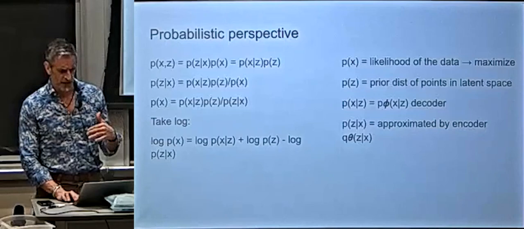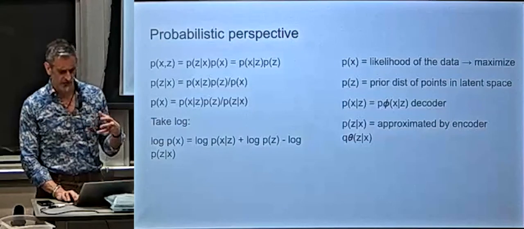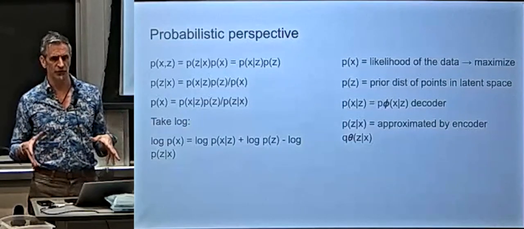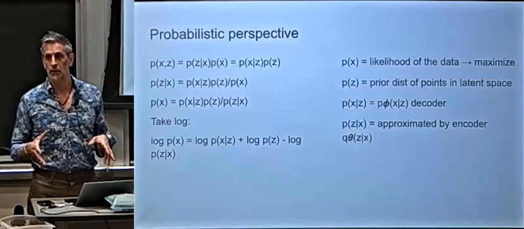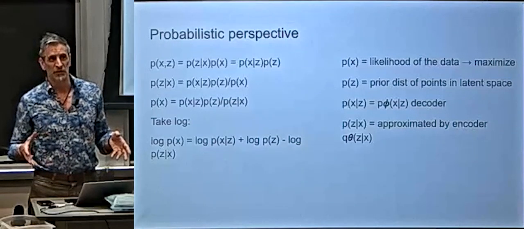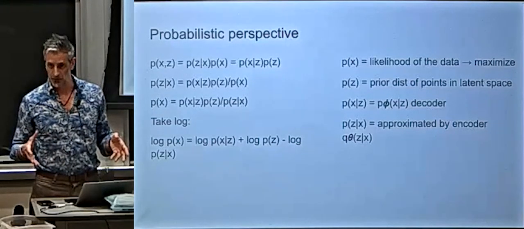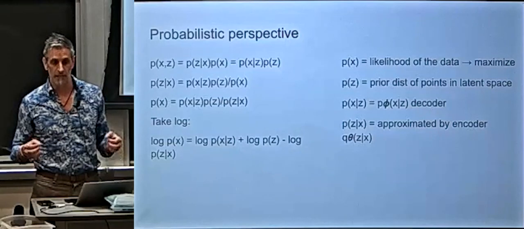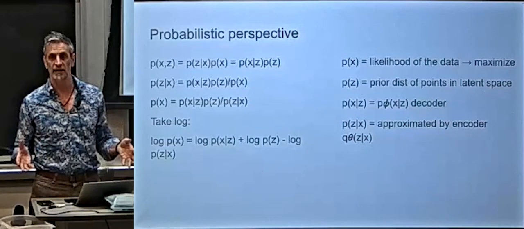What do we know about the probability of how points are distributed in our latent space? Well, we don't really know anything about it, but we can also just define it.